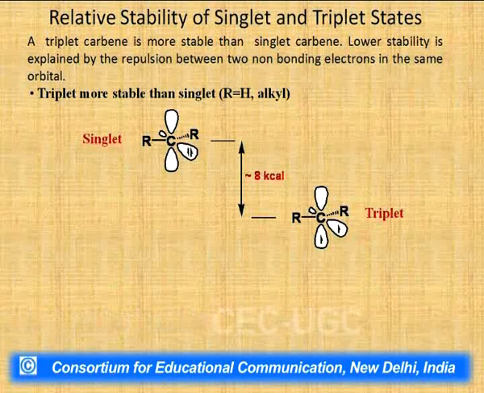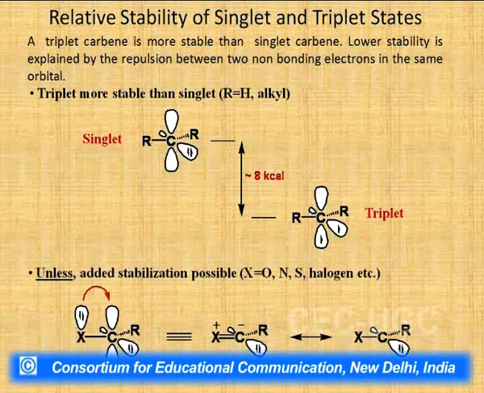You can see in the figure that in singlet the two electrons are in the same orbital, so the repulsion is greater and the stability of the singlet carbene is lower. The difference in energy between singlet and triplet carbene is such that the triplet carbene is more stable by 8 kilocalories.